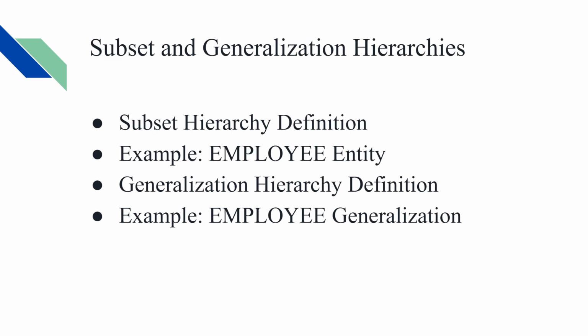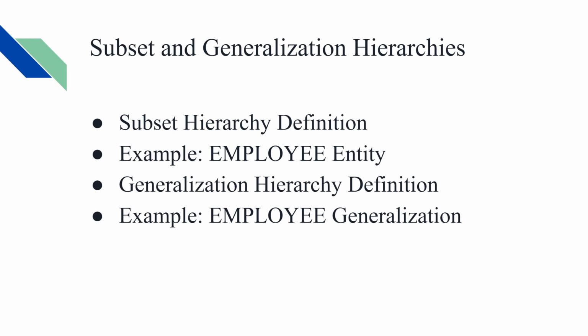So coming to the subset and generalization hierarchies, the extended ER model introduced subset and generalization hierarchies to model complex data relationships. A subset hierarchy defines potentially overlapping subsets of an entity. For example, an employee entity might have subsets like employees attending college or employees who are shareholders.